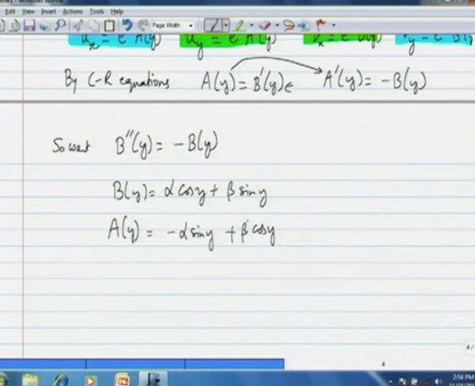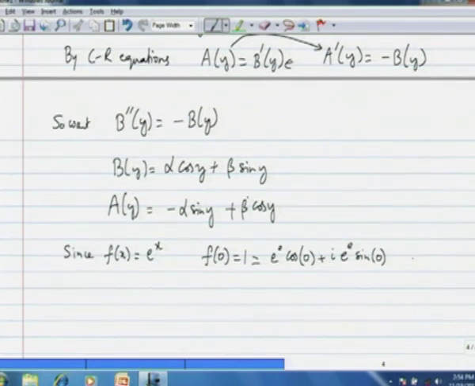Further, we also know that f of x tallies with e power x. So, in particular, f of 0 is 1, which is e power 0 cosine 0 plus i times e power 0 sine 0.